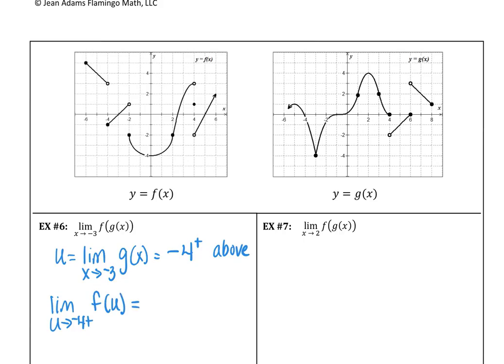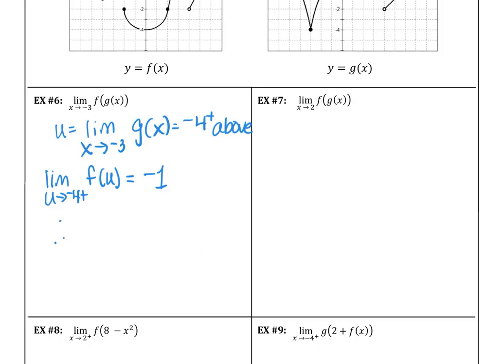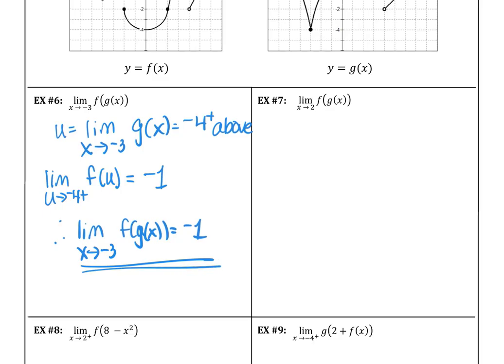As we approach -4 from above, that's from the right, our limit is heading to -1. So since we have a valid limit, we can say that the limit as x approaches -3 of our composition f of g of x is going to be -1.